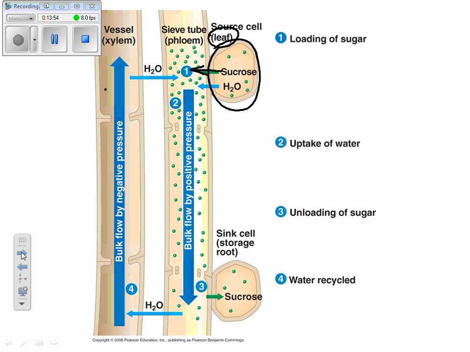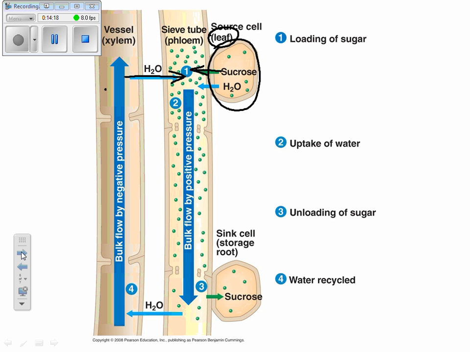Well, as soon as I drop the water potential in the phloem lower than the water potential in the xylem, the water is naturally going to want to do what? Cross over. That's then going to dilute the solution and do what to the water potential? Raise it. I'm creating positive high water potential up here.